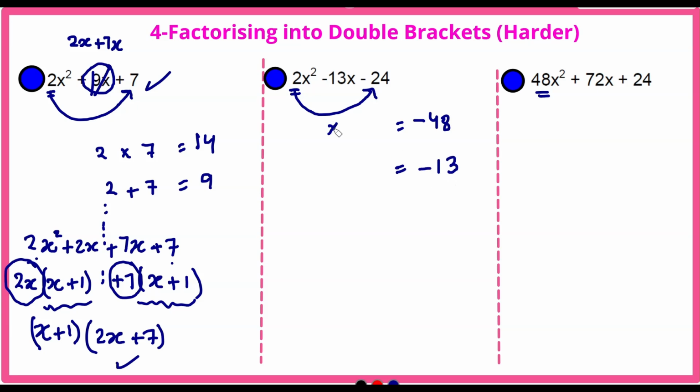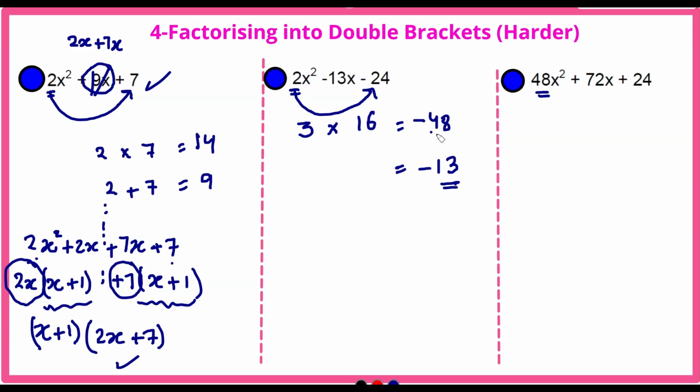Two numbers, multiply them, you get minus 48. When you add them, you get minus 13. Sorry, here we're looking for the difference of two numbers is 13, which is 3 times 16. So these two give me a difference of 13.